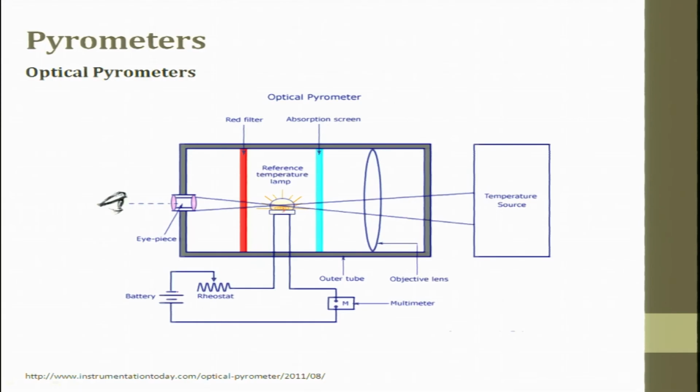Based on that you measure the output voltage, and then you measure the temperature. The rheostat is there, you adjust it, and a battery is used for this. So, you adjust it such that the brightness is adjusted.